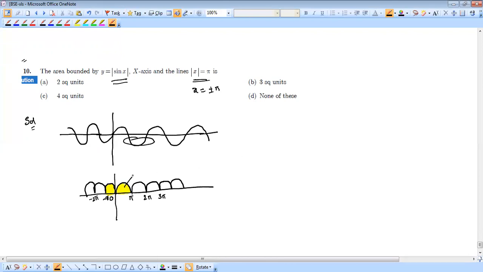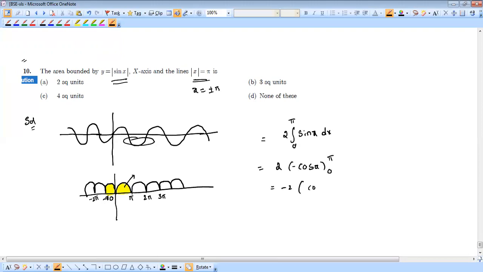So if you find one part, that is the integration from 0 to pi of sin x dx. The other part is also symmetrical, so multiply with 2. So 2 into the integration of sin x, which is minus cos x, and the limits will be 0 to pi.